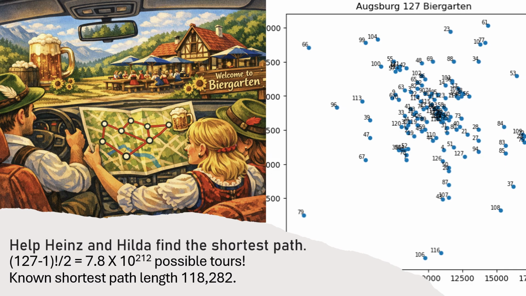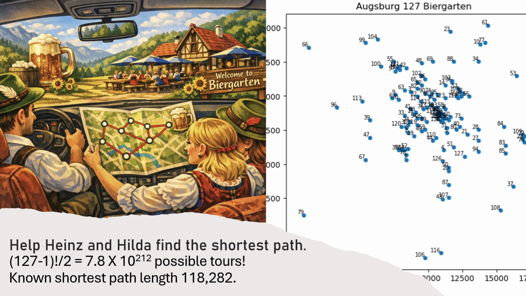And by the way, if we think about what this tour is going to look like, it's going to be basically 126 factorial divided by 2, because the network could go in one direction or it could go in the other direction. And what that turns into is there are 10 to the 212 possible different tours.